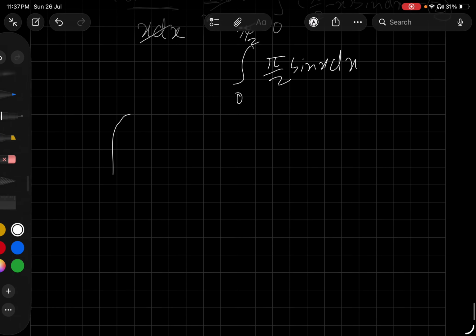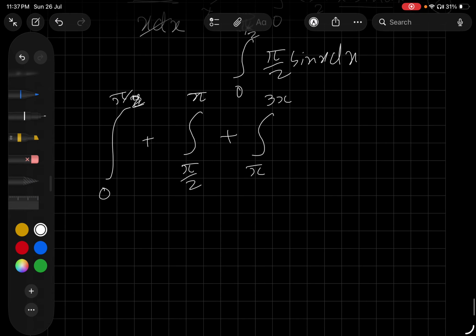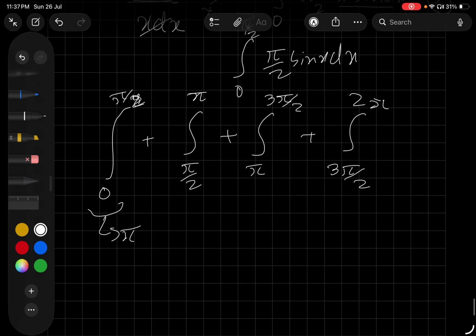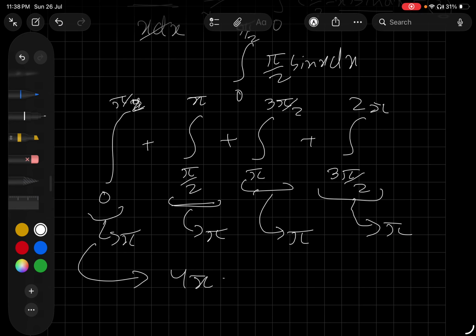If we integrate all of this together, 0 to pi by 2, plus pi by 2 to pi, plus pi to 3 pi by 2, plus 3 pi by 2 to 2 pi, each is pi, and all together it will come to 4 pi. And this is how we do this.